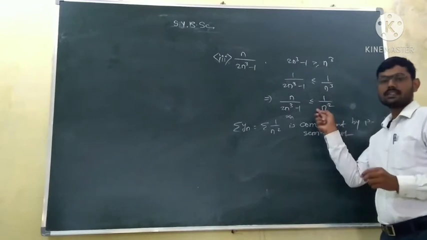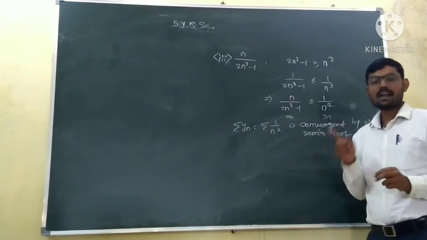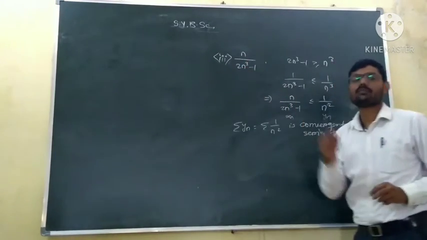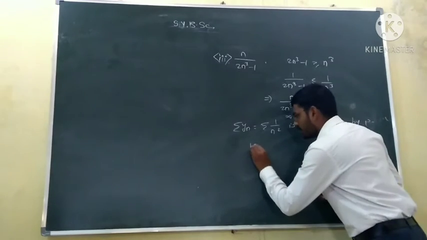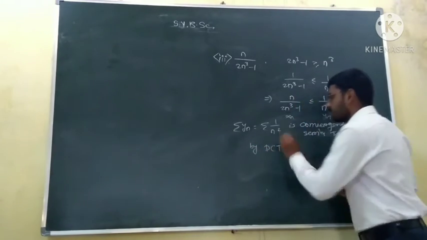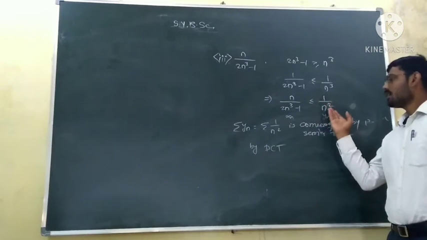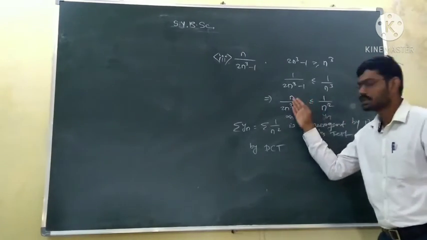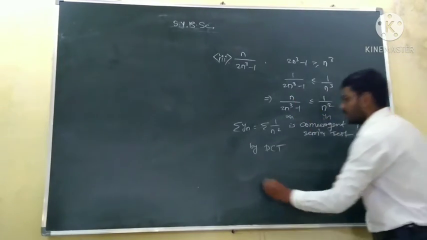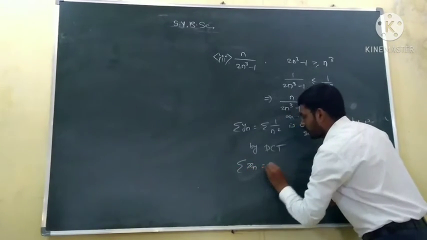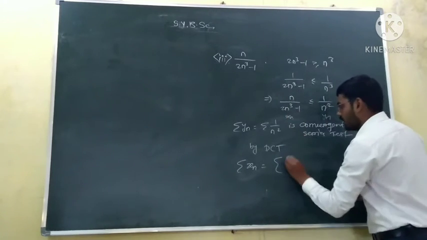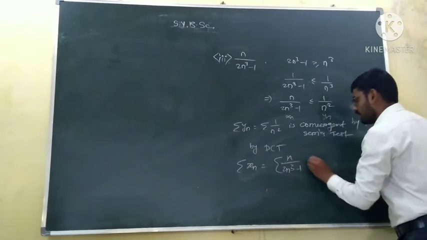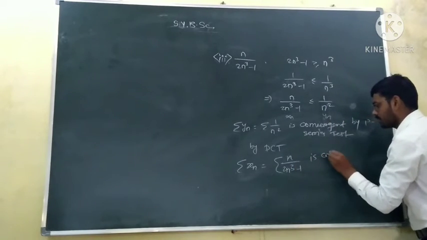So the greater series yn is convergent, and hence by direct comparison test, the smaller series whose nth term is n upon 2n cube minus 1 is also convergent.